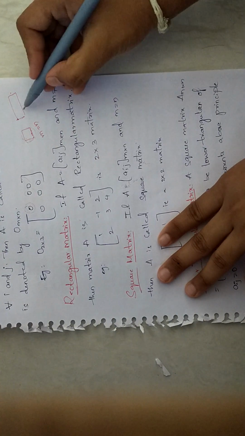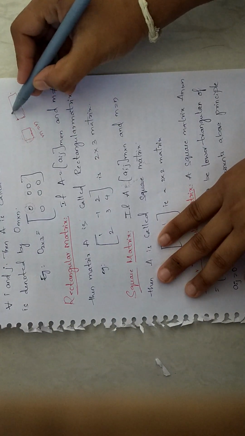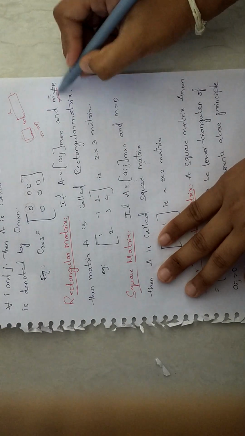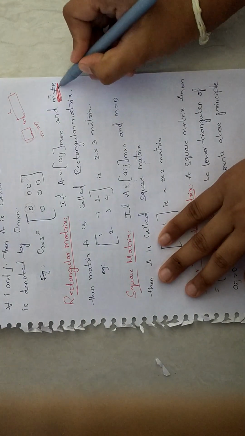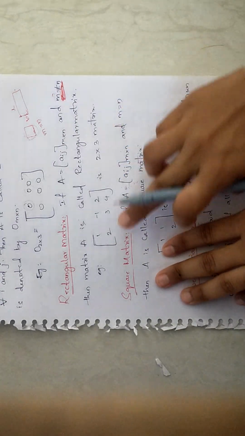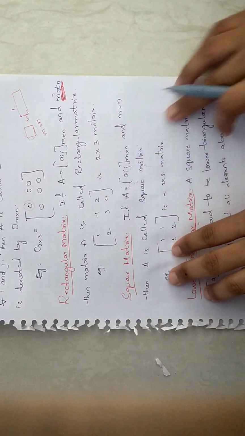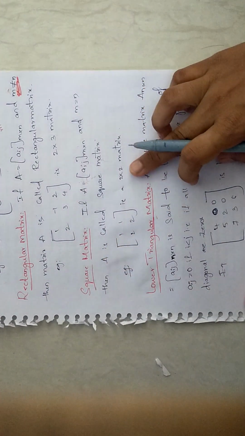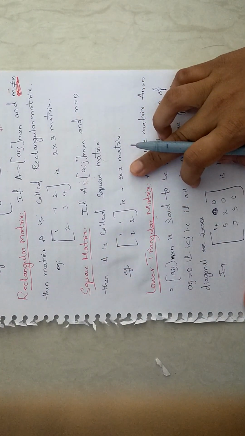In the rectangular matrix it should not be the case, right? Length is different from the breadth. So here also you have to maintain the same thing. M is not equal to n, that means rows not equal to columns, and this is how you represent the rectangular matrix. And square matrix I have explained just now. All the rows and columns should be the same.